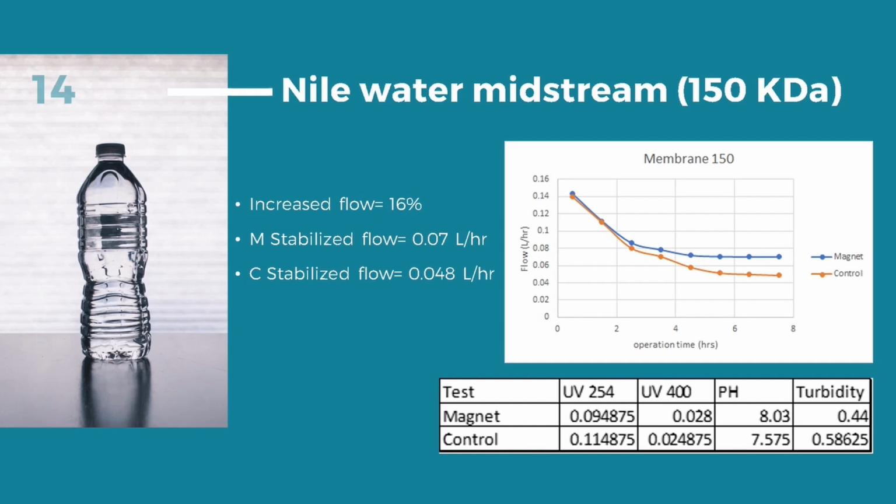The results show that the magnetized setup has a flow rate 16% higher than the control setup. The magnetized setup also showed better stabilized flow and better water quality in some areas, like turbidity, which is a really important water quality parameter.